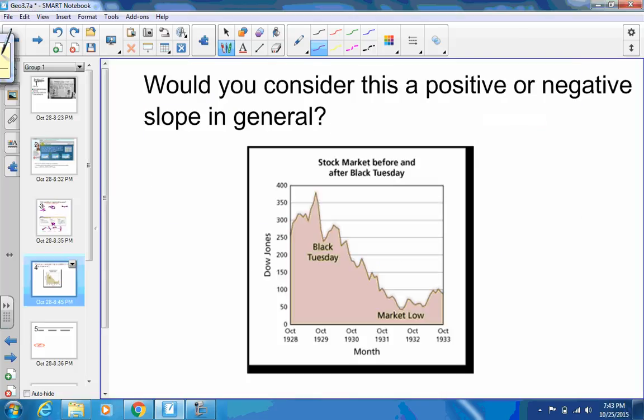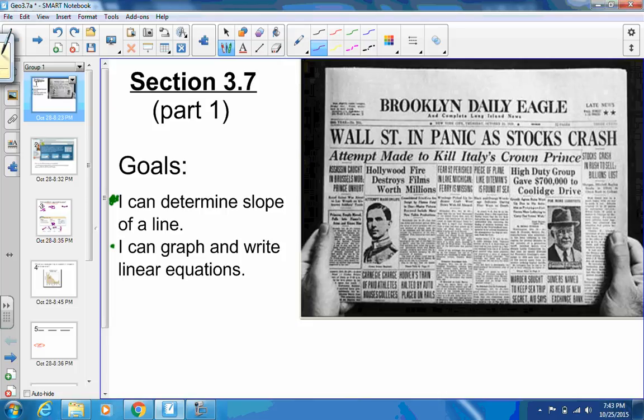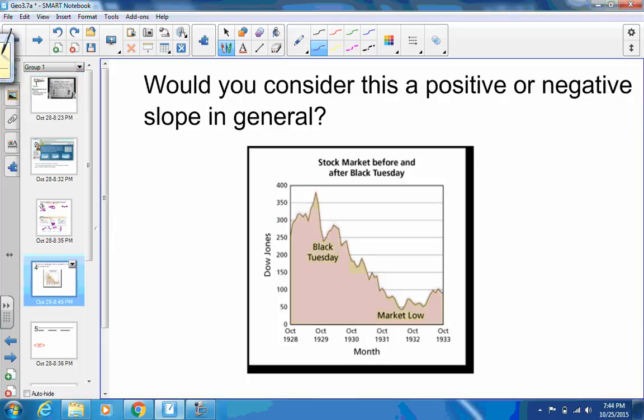Now, one example here. I put this newspaper on here because I can't remember the exact date. It's around this time of year when the stock crash happened, the big Wall Street crash. That was Black Tuesday, back in 1929.